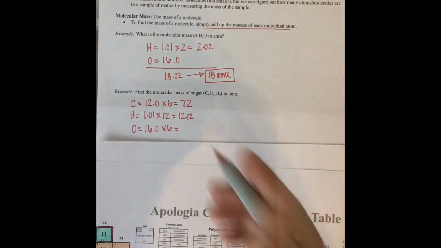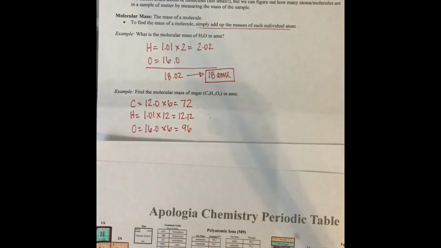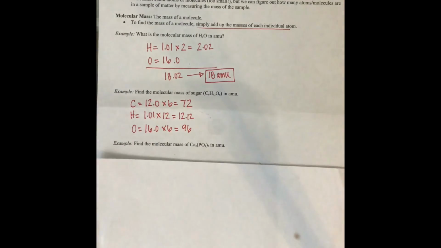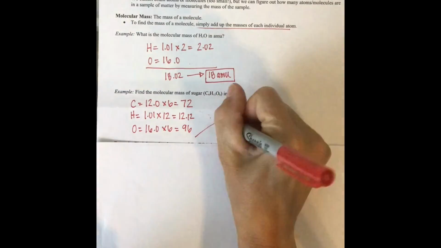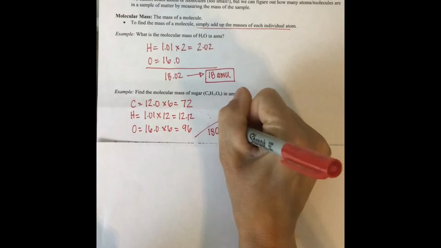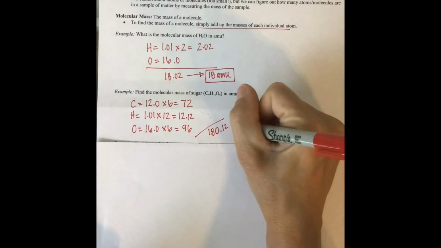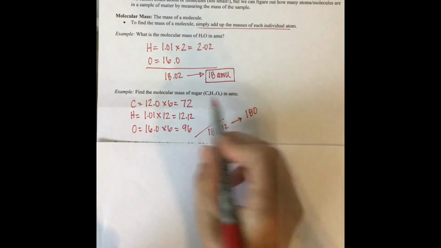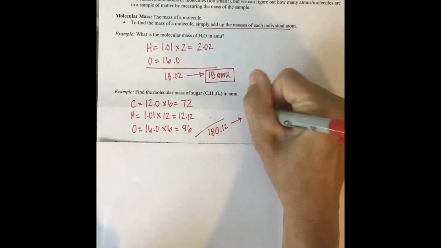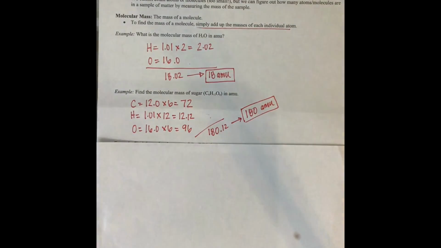So you get 96. Go ahead and add those together and see what you get. You get 180.12, and we'll say that the molecular mass of sugar is 180 atomic mass units.